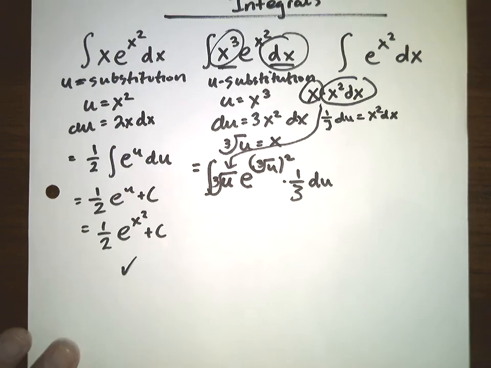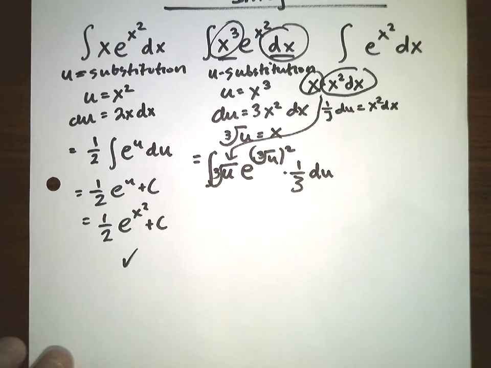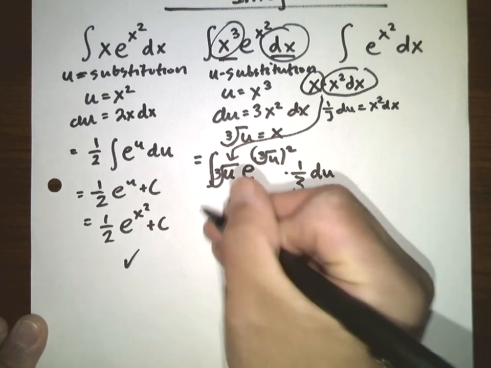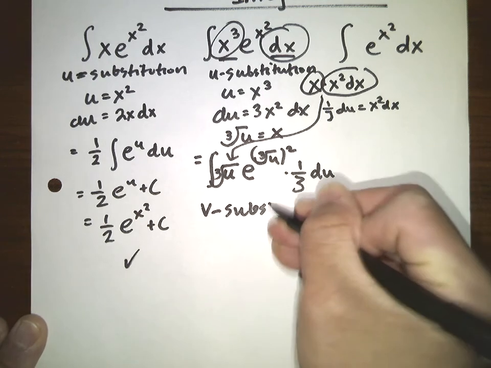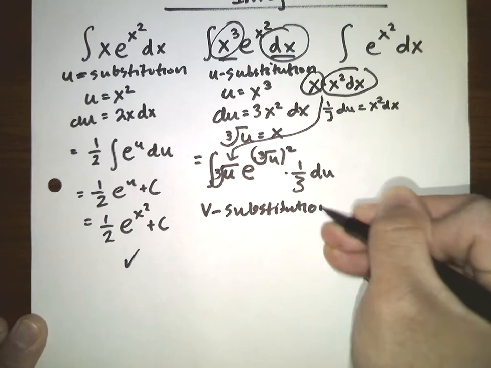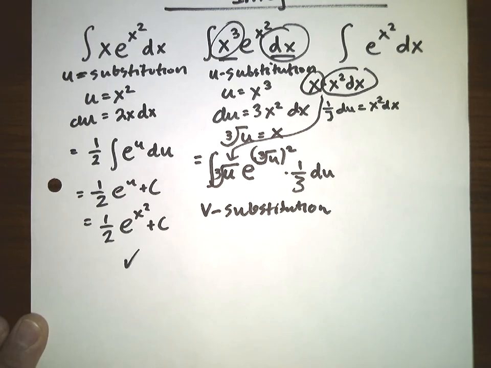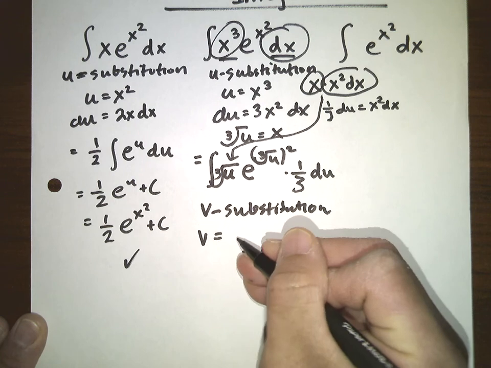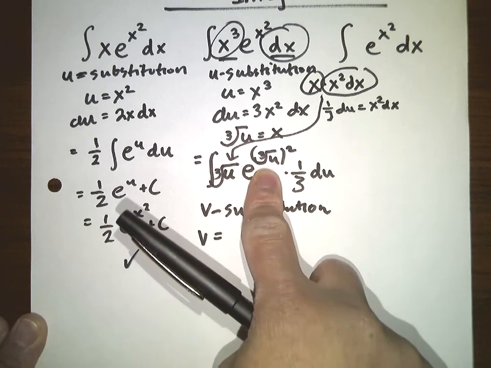So now what I'm actually going to do is I'm going to apply a V substitution, just so I don't use u again, all right? So if I apply a v substitution, then I'll let v be, let's just let it be the exponent here.